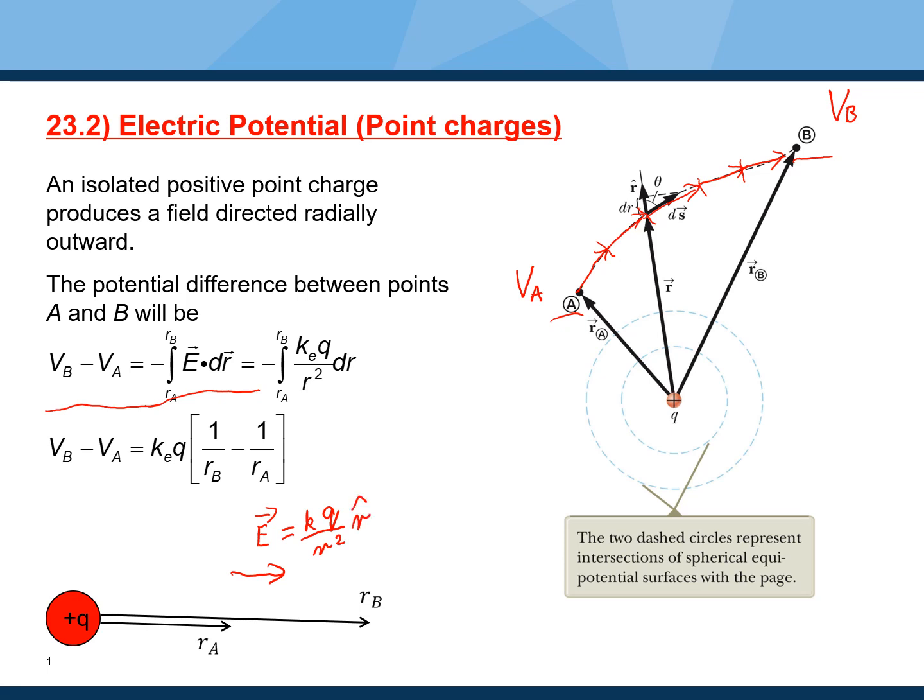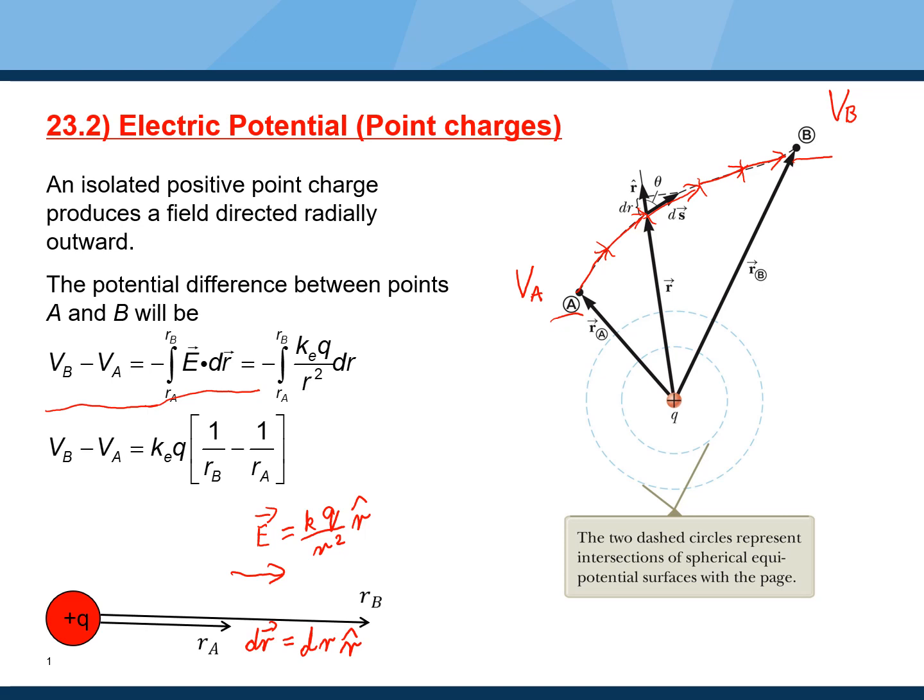And we can actually write the displacement vector dr vector as being equal to some displacement dr times r hat. And therefore, the dot product of these two is very easy to take because r hat is essentially a unit vector and r hat dot r hat is equal to 1.